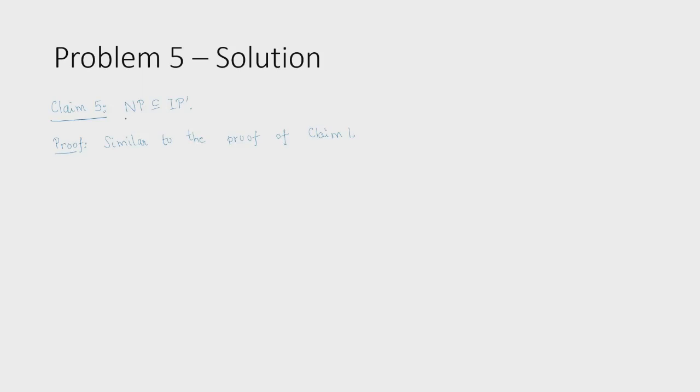Recall that claim 1 was NP is contained in IP. If we go back to that proof, what did we do over there? We constructed a deterministic verifier, which accepted with probability 1 when X was in the language and rejected with probability 1 when X was not in the language.